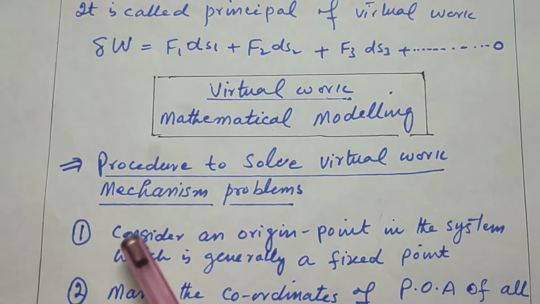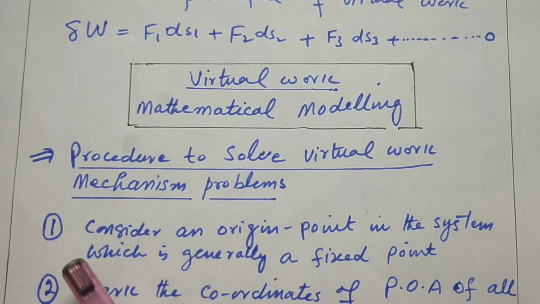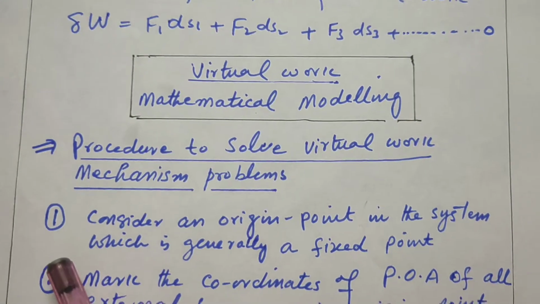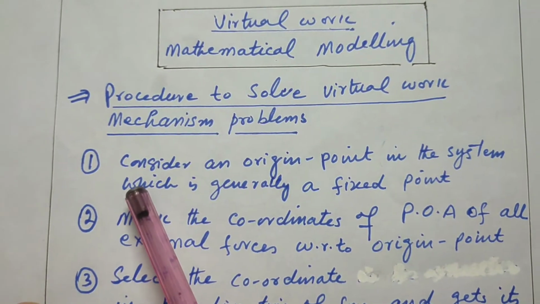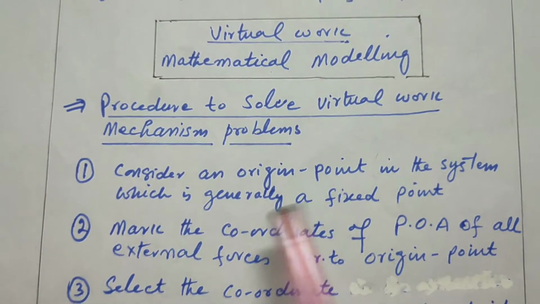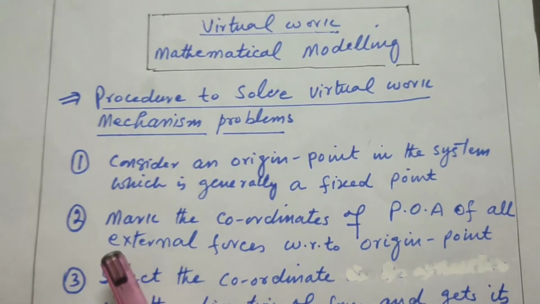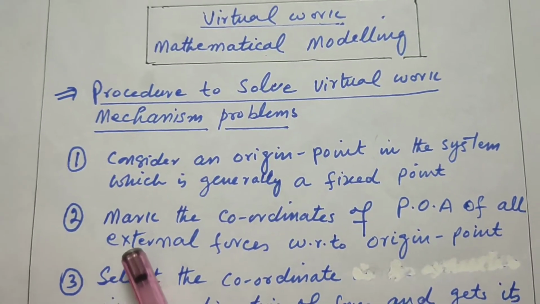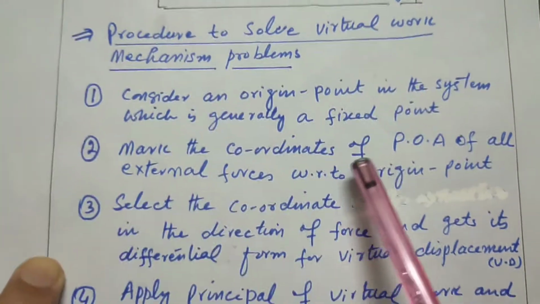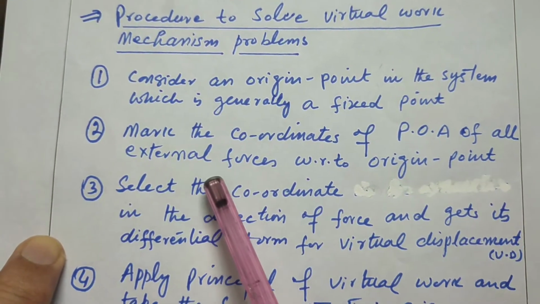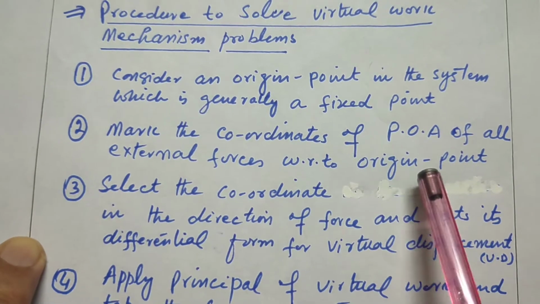The procedure to solve a virtual work mechanism problem is: number 1, consider or select an origin point in the system, which is generally a fixed point. Number 2, mark the coordinates of the points of application of all external forces with respect to the origin point.